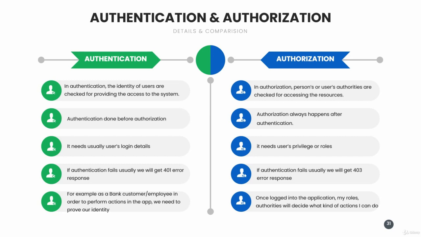Whereas authorization means once I have authenticated a person to come into my application, there might be different roles, access rules, and authorities that I might have defined, like this user should act like an admin, this user should act like a normal customer. There are many terminologies, like some applications call it supervisor, customer, user. So based upon these authorities and roles, we should control what action a user can perform inside our application.